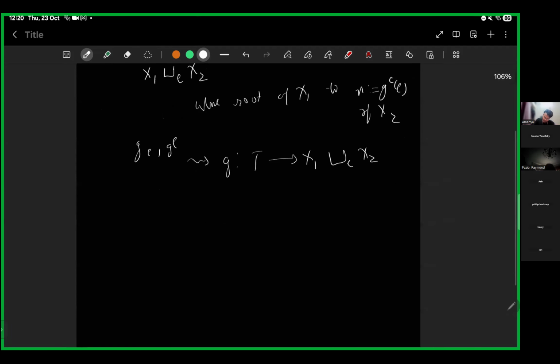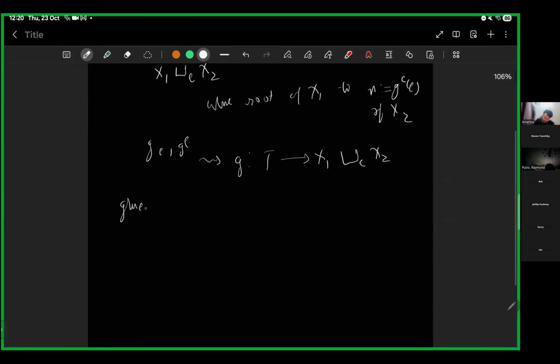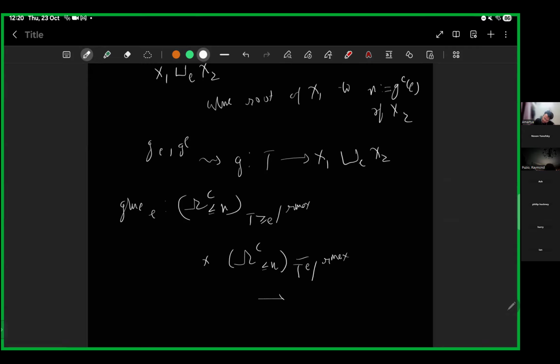So we get a functor that we call glue, E max. Then here we take the closure to TR max.